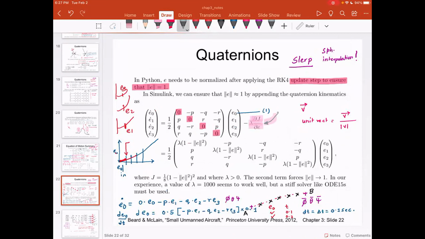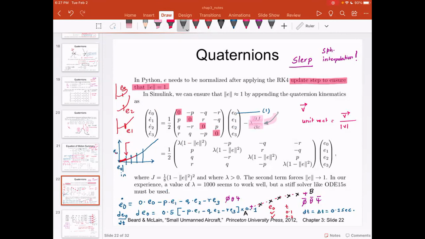So from an implementation point of view, rather than integrating the equation with zeros at the diagonal element, you would have a large value of lambda, which could be something like 1000, multiplied by 1 minus the absolute value. So at every time step, every iteration, it's going to use this constraint to find the values of E0, E1, E2, and E3 at that time step.